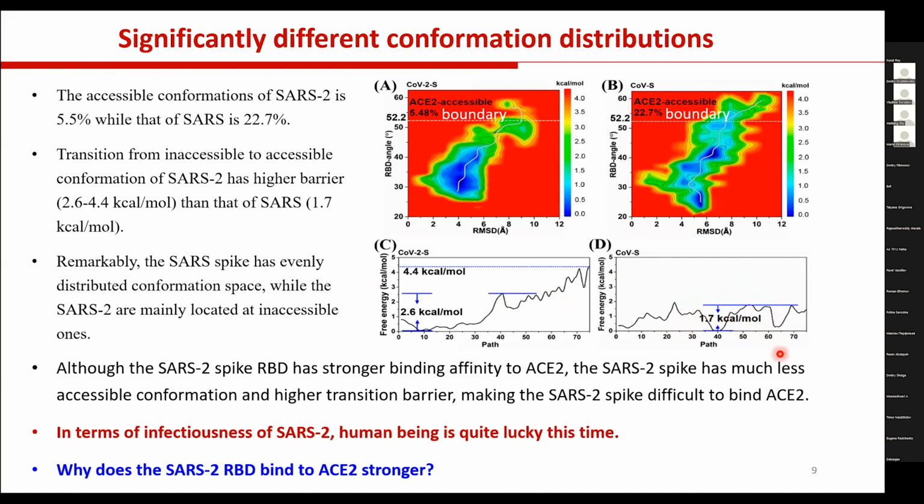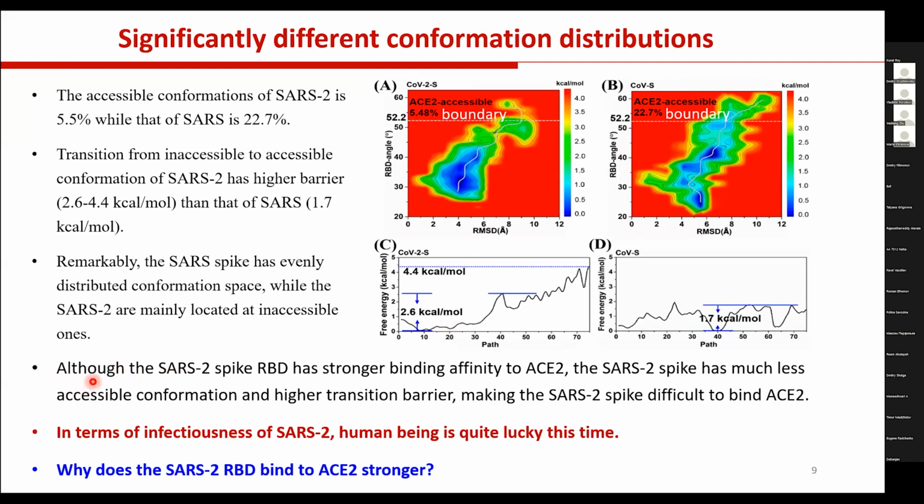In other words, the spike of SARS can bind to ACE2 by a conformation shift mechanism, while the SARS-2 protein is mainly located in this area, the inaccessible conformation space.